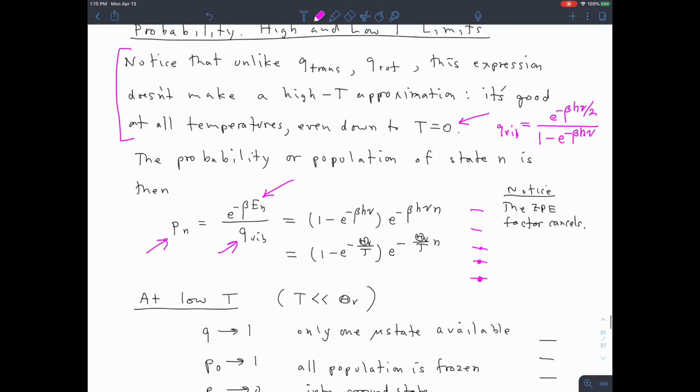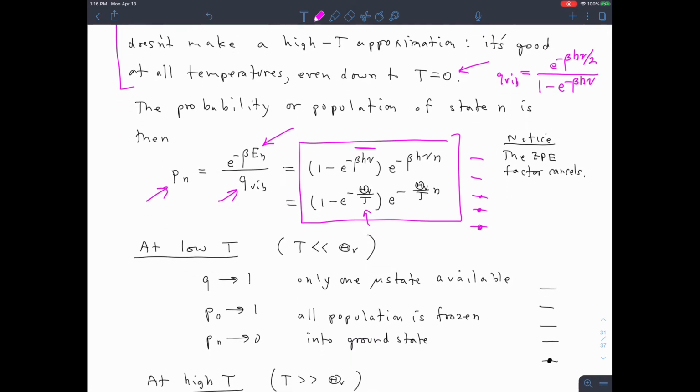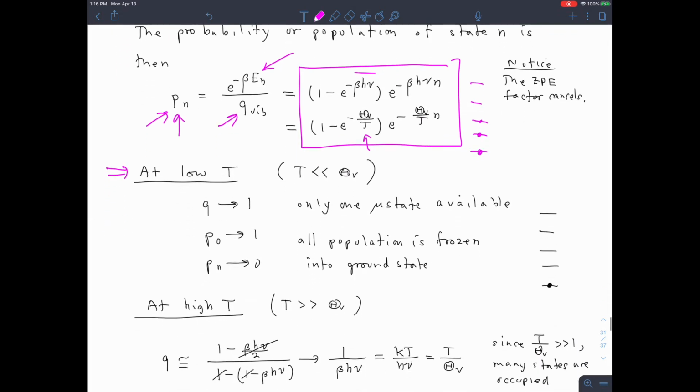Doing the algebra, that gives us one of these two mathematical results. The first one is written in terms of beta h nu, the second one in terms of theta vibrational. And now we can use those forms to calculate the probabilities at low temperature and also at high temperature.